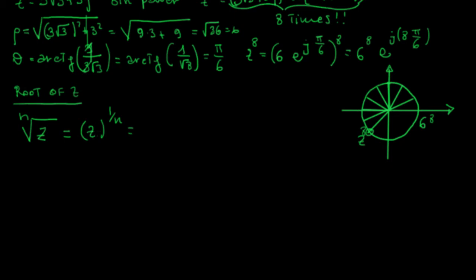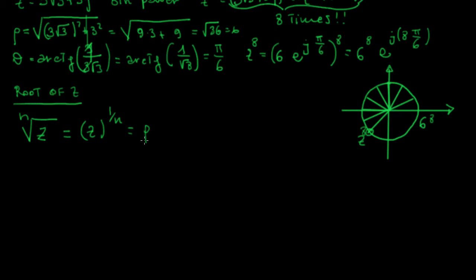If we use the exponential form for z, and it is reasonable, because if we found out that using the exponential form is very convenient to evaluate powers, it should be expected that it is convenient to evaluate roots as well.